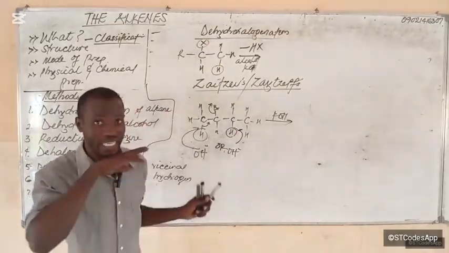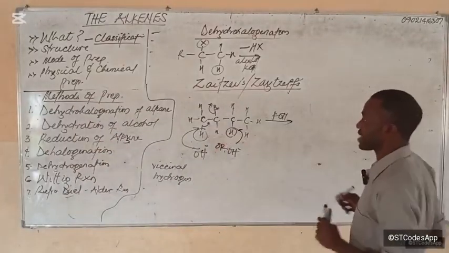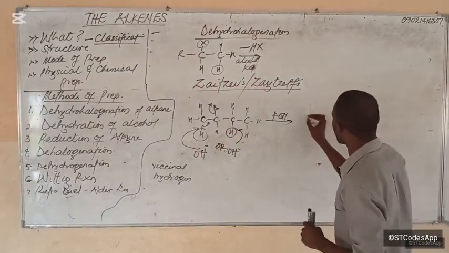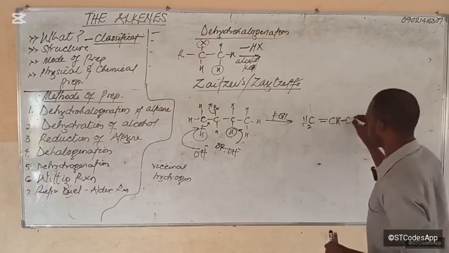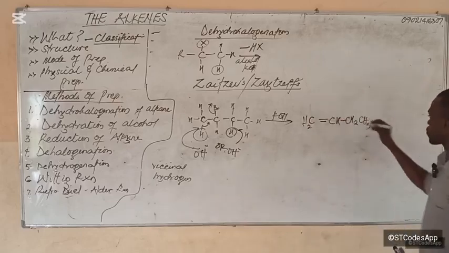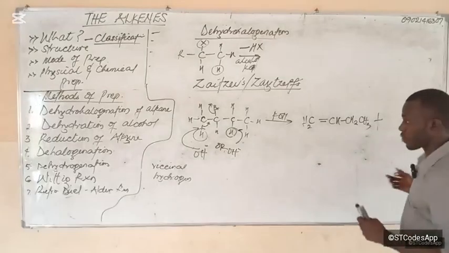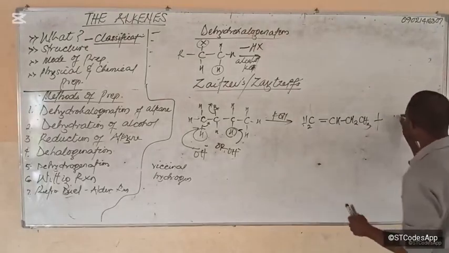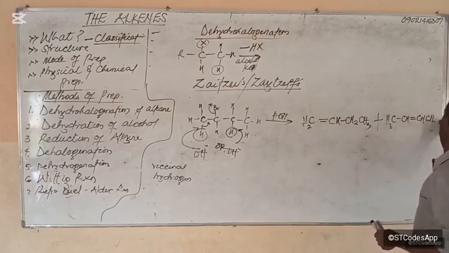So, here there are two possibilities. In the first possibility, here's your product. What you will form when this hydrogen is abstracted, for example, is CH2=CH-CH2-CH3. So this is the first possible product, plus the second, so this is a mixture of products, of course. Or I have CH3-CH=CH-CH3.